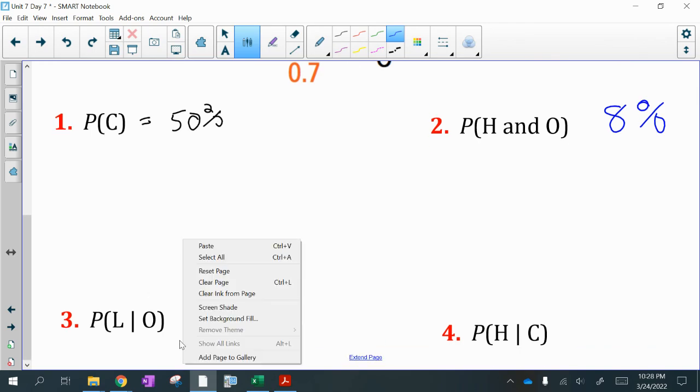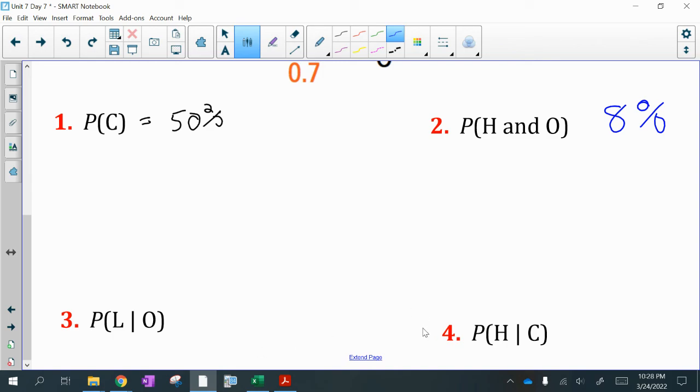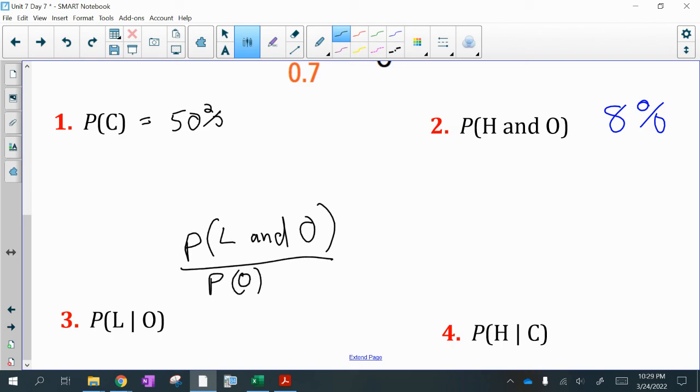Okay, next, let's see what the next thing they're asking me for on this. It says probability that there is low snowfall given that it's open. Okay, we're going to have to go back and use our formula from yesterday. My formula was the probability of L and O over the probability of just O. Well, I'm going to have to get some information in order to do that.